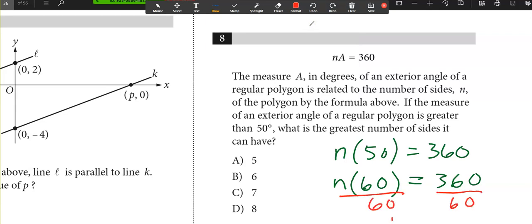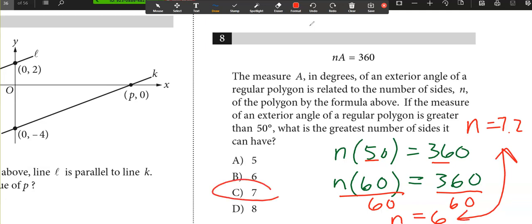What do you get? Hopefully you understand that it's 6. And when you do it up there, 5 goes into 36 7 times with a little bit extra. You end up getting something like 7.2, but you know it's higher than 7. So we're talking about something between 6 and 7.2. So my answer is 7.